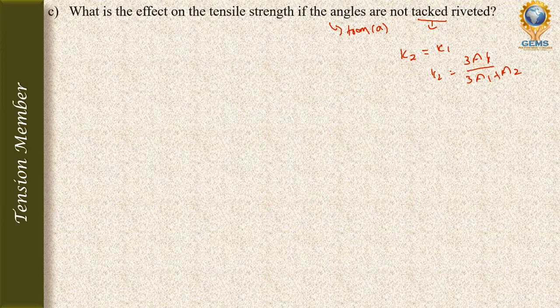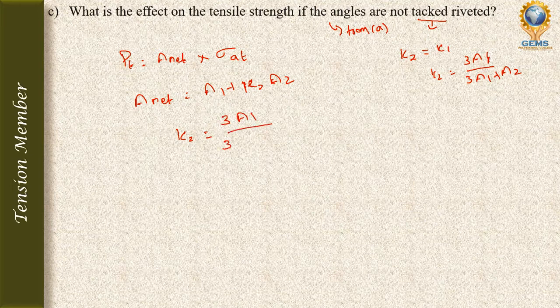So here PT, the tensile strength, is equal to area of the net into sigma AT. Then here A net is equal to A1 plus K2 A2. But here K2 will be like K1. The reduction factor K2 formula is 3A1 by 3A1 plus A2. So we have to find the A1 and A2 values.